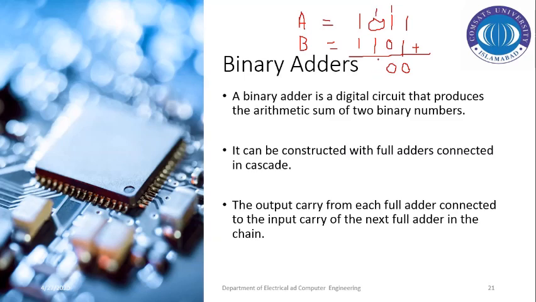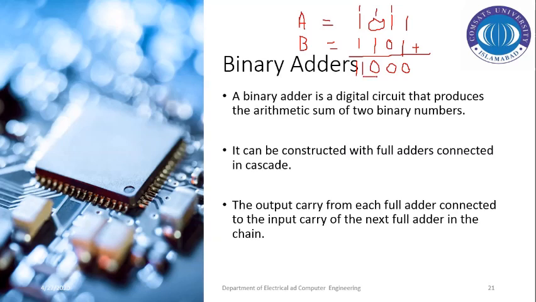For the next addition, 1 is being added with 0 and 0 is being added with 1. So 1 plus 1 is 0 with 1 carry, added with 0 equals 0, and the carry is moved to the next placement. For the next addition, we've got 1 plus 1 plus 1, which is 1 as a sum result and 1 as the final carry.